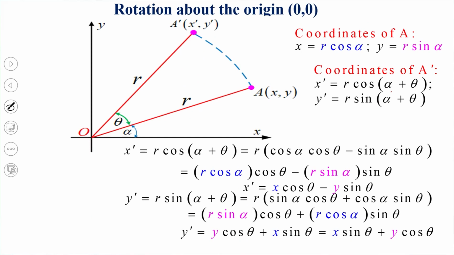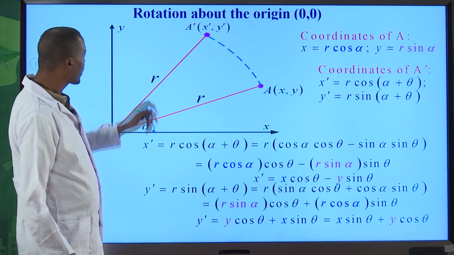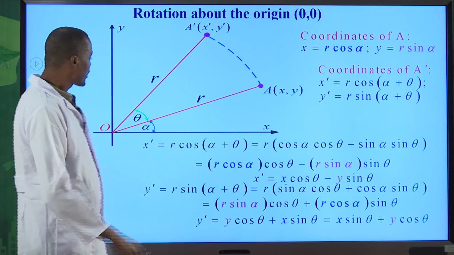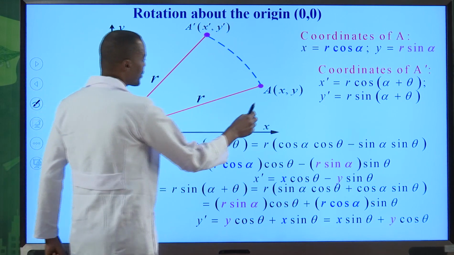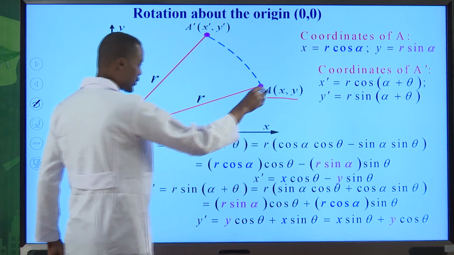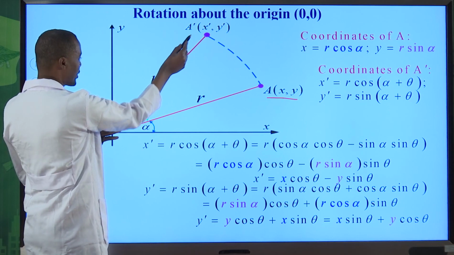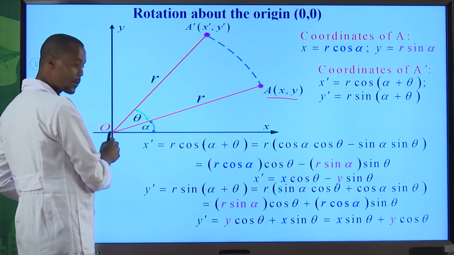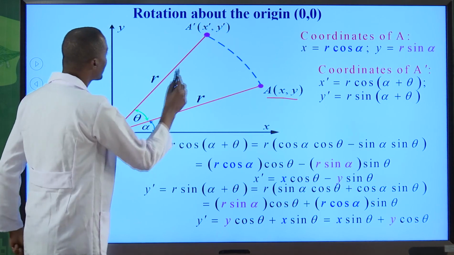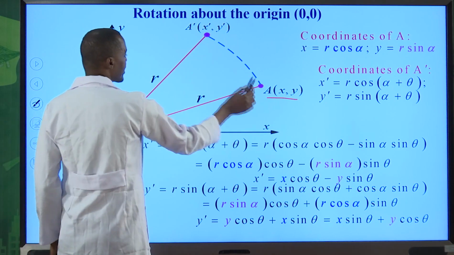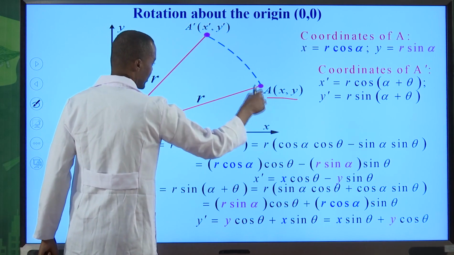The major concern of transformation of the plane as we talk about rotation is that, for example, if you are given a certain point A of x comma y, and then you rotate that point about the origin O, then what will happen to the image of that point?